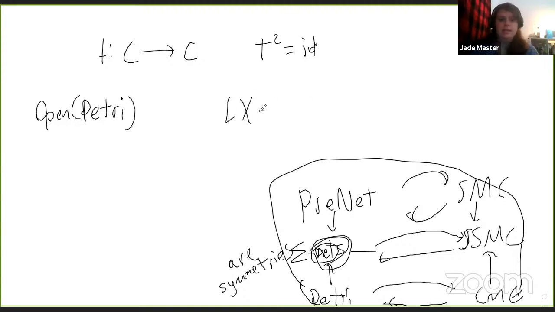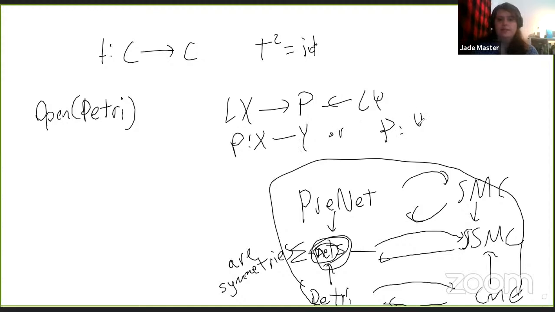So cospans can be regarded in either way. You can think of this as P from X to Y, or you could just write it the other direction, P from Y to X. And I'm pretty sure that gives a dagger on open Petri nets.